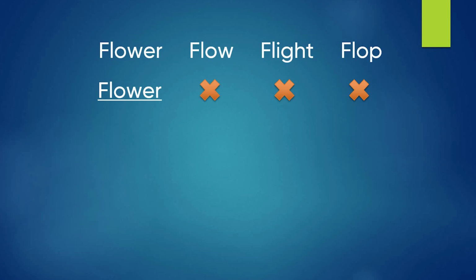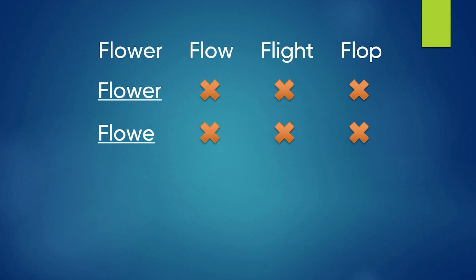So we will remove the last character of flower, then this will be the string, and now we will check if this exists at the start of each element. This is also not available in each of them.